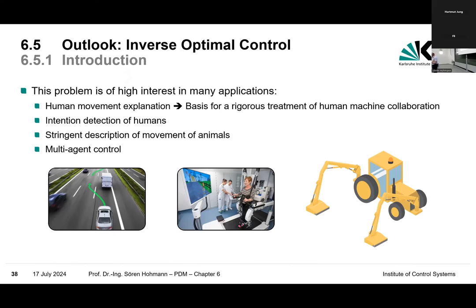To describe the human movement, for example, in cooperation with another physical entity, you can go differently. You can say, okay, we know human movements are described by an optimality principle. We know that already, more or less good.